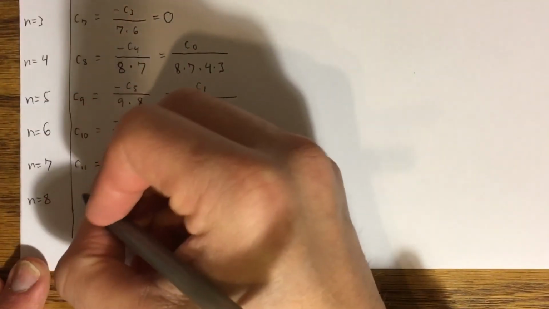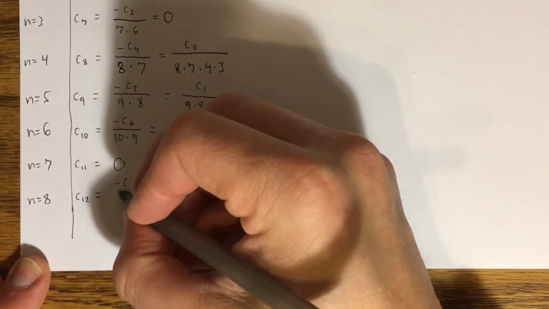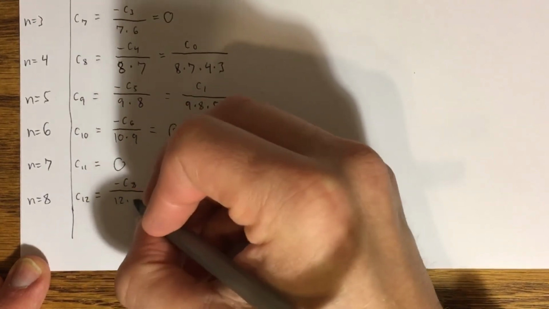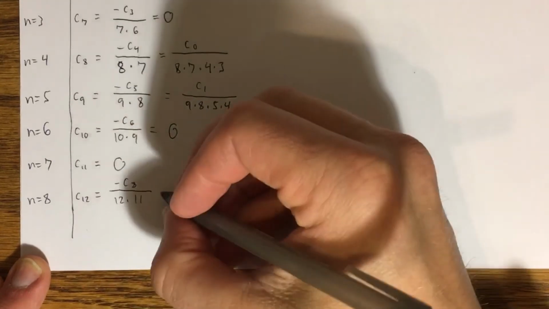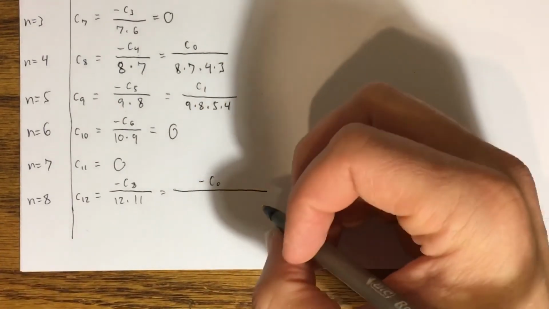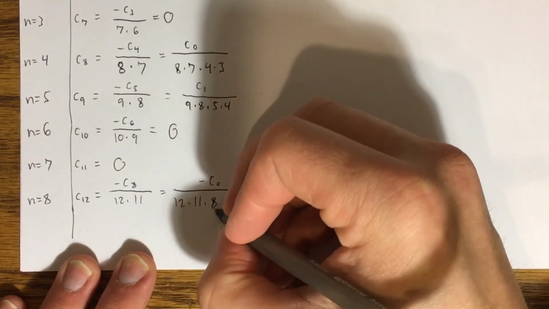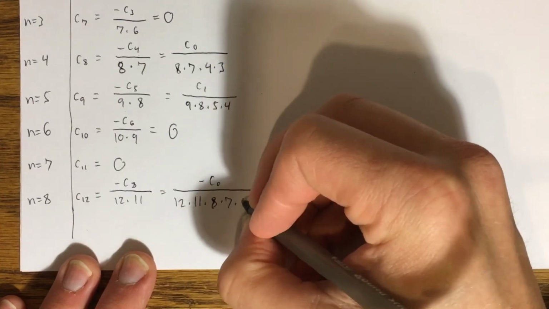n equals 8 gives me C12, which is equal to negative C8 over 12 times 11. C8 we found up here. This will give me negative C0 over 12 times 11 times 8 times 7 times 4 times 3.